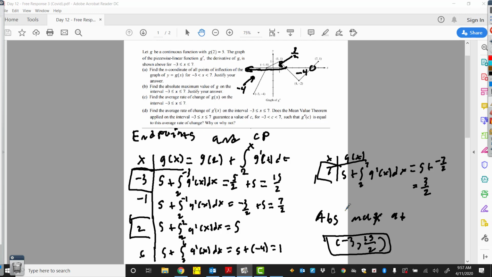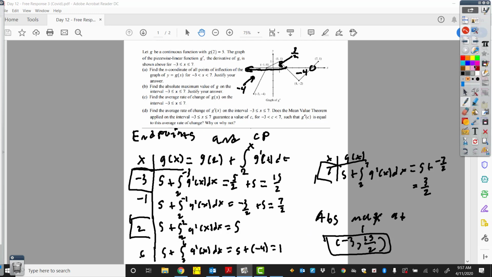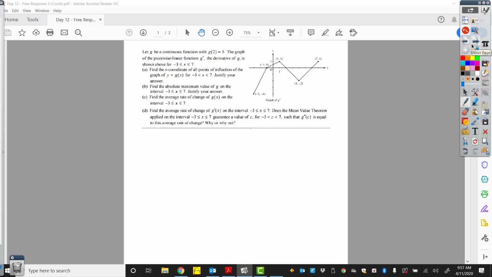And then 1 point for your maximum value and justification. Now, the justification part is this whole chart. If you did not do the whole chart, you did not get the absolute maximum with justification. You have to have the whole chart and the answer. If you didn't do it, you wouldn't get that last point. Okay? All right, moving on to part C.